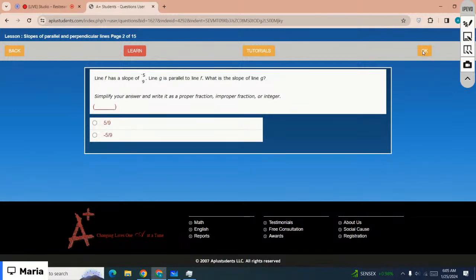Okay, line F has a slope of negative 5 by 9. Line G is parallel to line F. What is the slope of line G? So, which is the correct option? If the two lines are parallel, they have exactly the same slope.